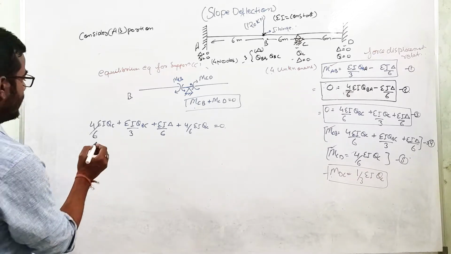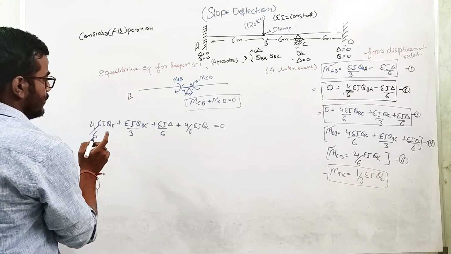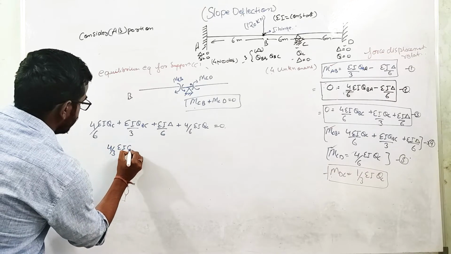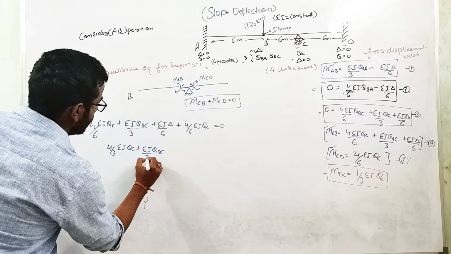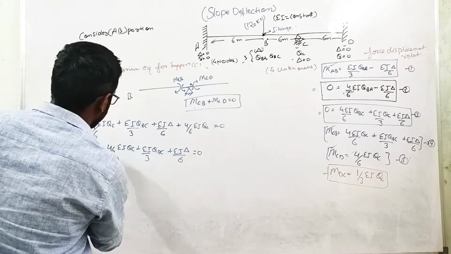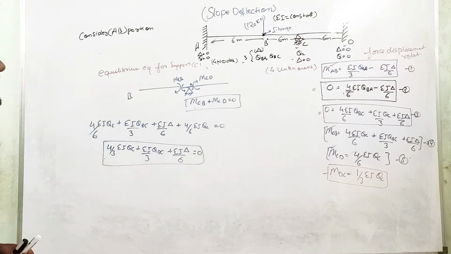If I solve this, the equation becomes 4 EI θ_C plus EI θ_BC plus EI delta over 6 equals 0. Now you can see what equations we are getting after using the slope deflection equation.